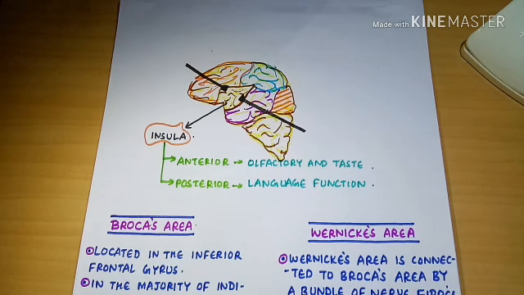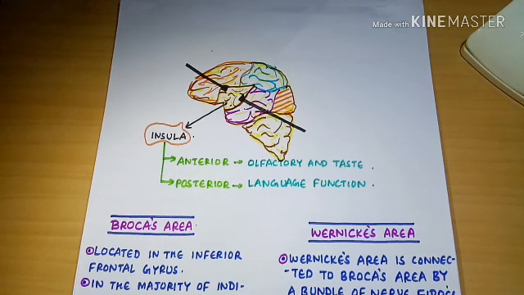So beneath the frontal lobe and the temporal lobe, there is an insula, the fifth lobe of the cerebrum, with an anterior area controlling olfaction and taste, and a posterior area controlling language function.